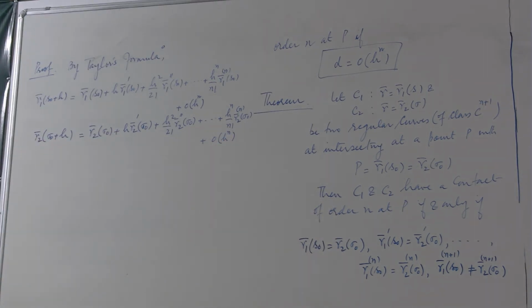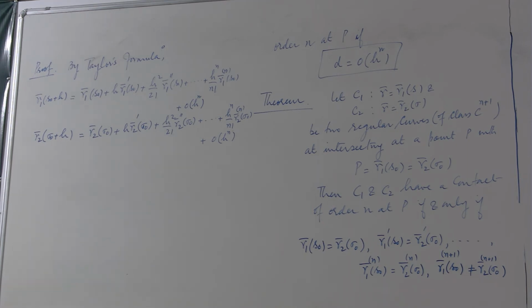Now, one should keep in mind that these dashes are derivatives with respect to the natural parameter. We have fixed our convention that the dash stands for the derivative with respect to the natural parameter, and the only parameter we have is the natural parameter.